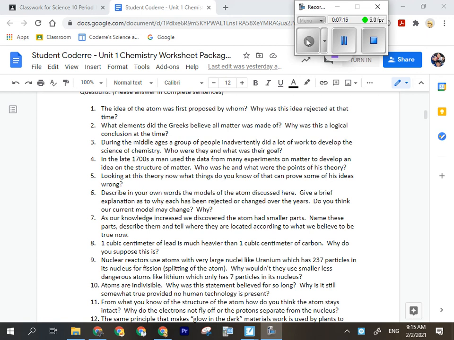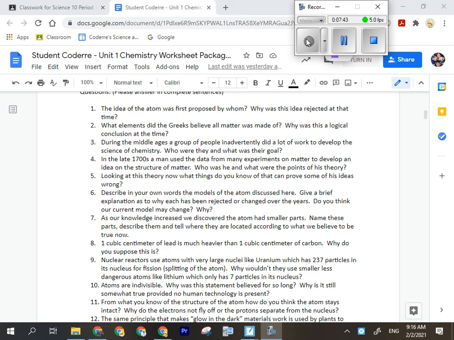Okay, number 4. In the late 1700s, a man used the data from many experiments on matter to develop an idea about the structure of matter. He was Dalton. John Dalton came up with the atomic theory, and it had 4 points. Point 1, all matter is made of tiny indivisible particles called atoms. Point 2, the atoms of any element are identical, the atoms of different elements are different.